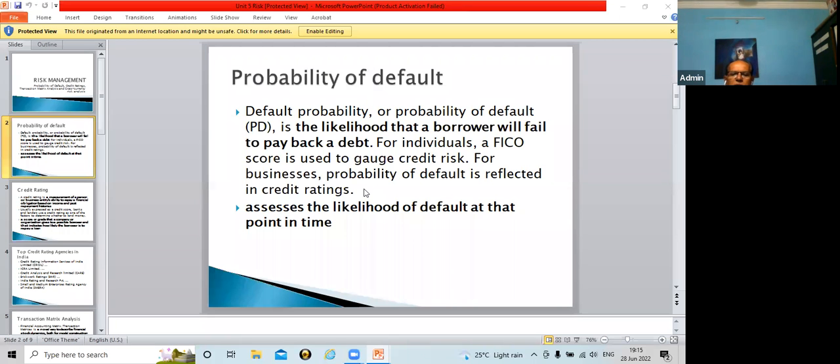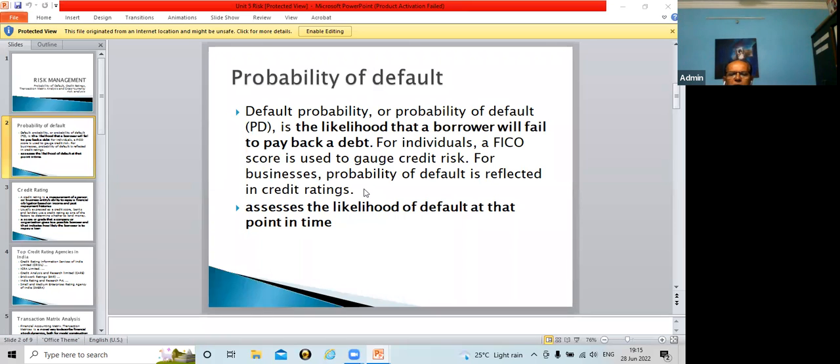Or vice versa. Initially, a business or individual pays their EMI at a very regular time, but later on, maybe because of some financial issues, or maybe their attitude, a person or business becomes a defaulter. So that may happen, either at the initial stage or at a later stage.